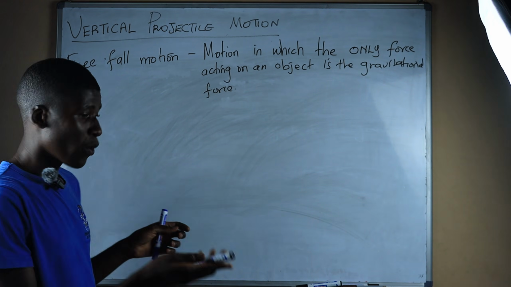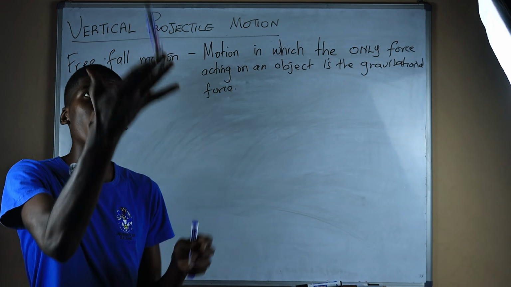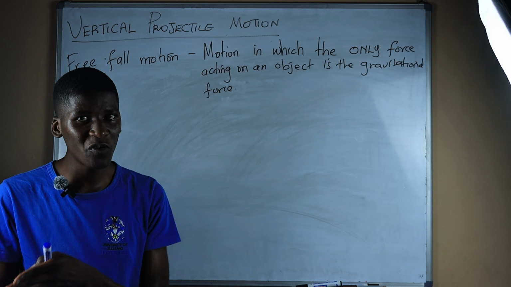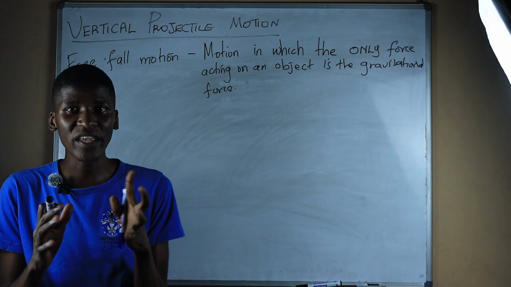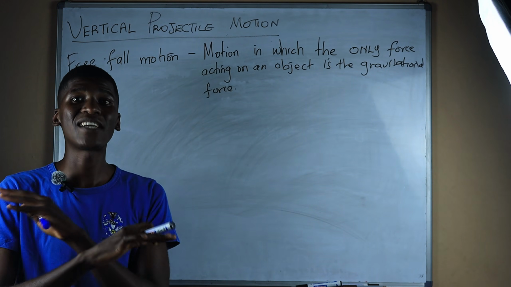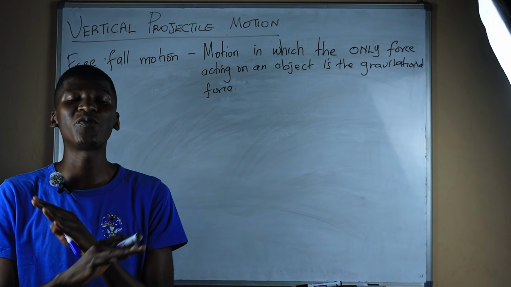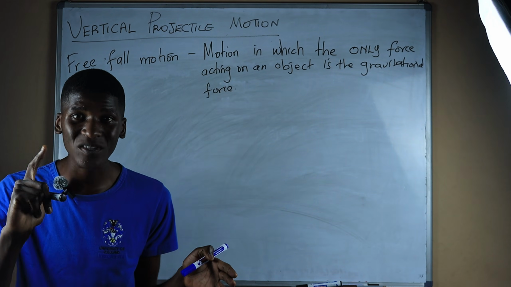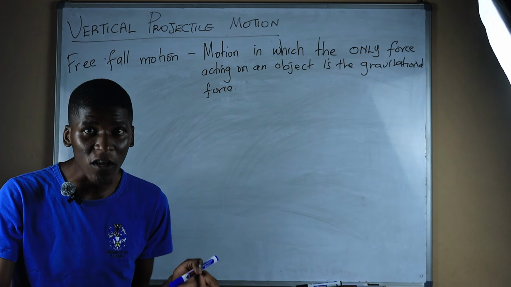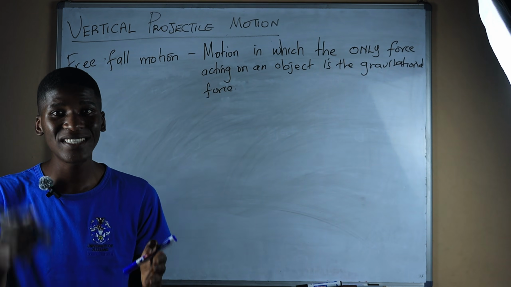So when this object is thrown up and comes back, it is in free fall motion because the only force acting on it is the gravitational force. Here we assume that we do not have any frictional force, any air resistance or anything like that. We only have one force that is causing the object to fall, and that is the gravitational force only.